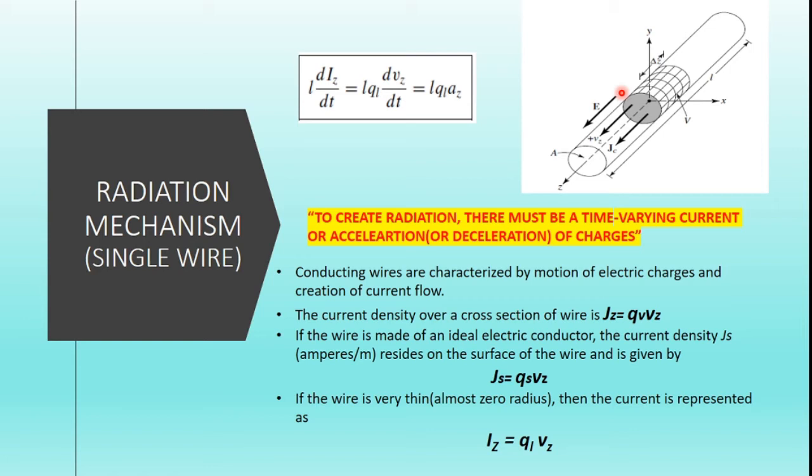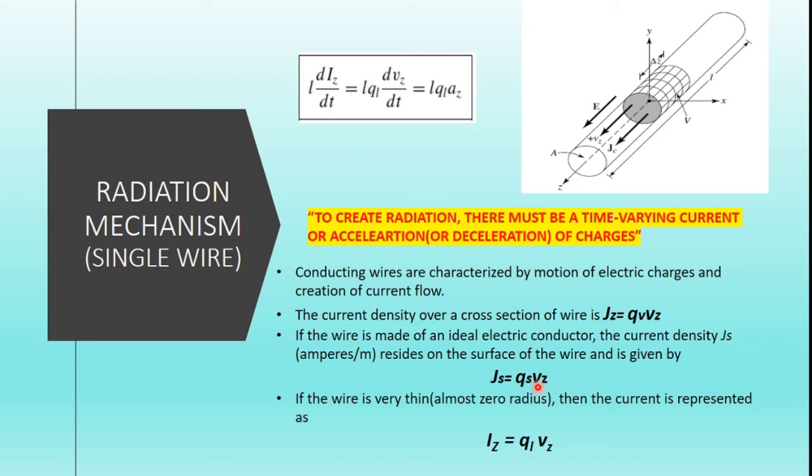We define the charge to be residing on the surface of the wire. So we change the term Jz to Js, representing the current density on the surface, and Qv to Qs, once again representing the charge on the surface of the wire, and it travels with the same velocity Vz, the velocity in the Z direction.